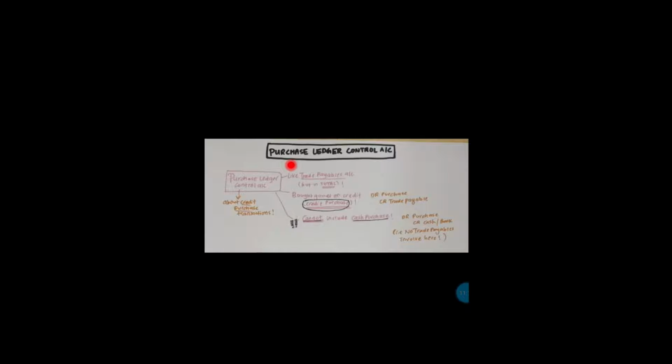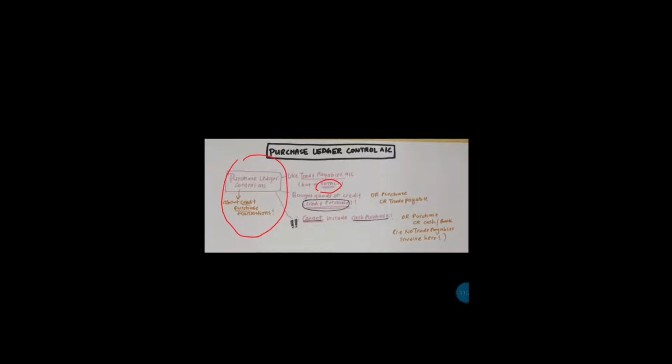So inside the purchase ledger, we have the trade payables. That's why the purchase ledger control account is exactly the same as the trade payables account, but it will be in total. The purchase ledger control account will be about the credit purchase transaction only.